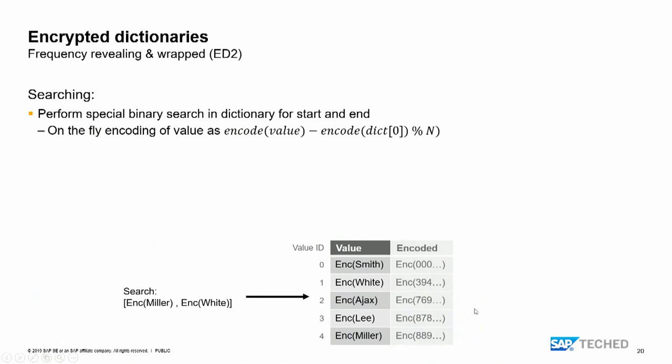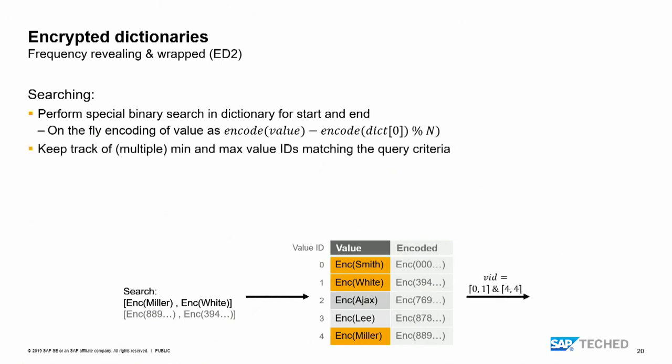And that's key. So we perform binary search on those encoded values now. And for that, we also encode the start and the end of the range. So we search for Miller 889 and so on, White 394. Perform again 2 of those special binary searches, and those are the results. Which means we now keep track of 2 result ranges, the range 0, 1 and the range 4, 4 in this example.